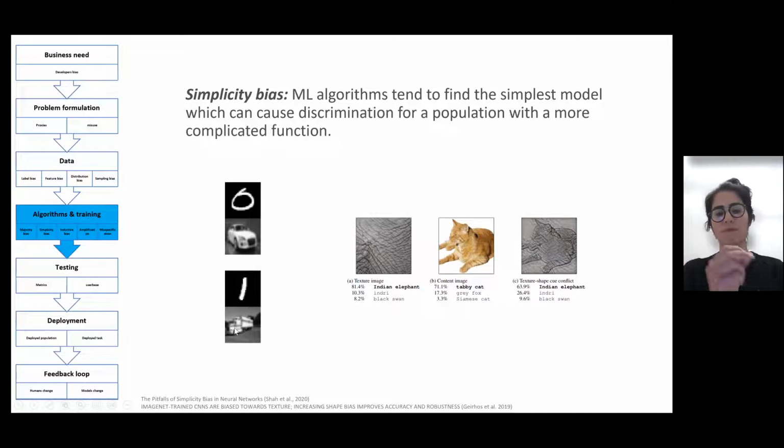So it learned some very simple discriminator and only used that. Or on the right, it's been shown that if you have just a pattern, like here, it predicts with high confidence an elephant. In the middle, when you have the right shape and right pattern, it predicts a cat. But if you have a cat with a pattern of an elephant, machine learning models usually like to look at the patterns, so they predict elephant.